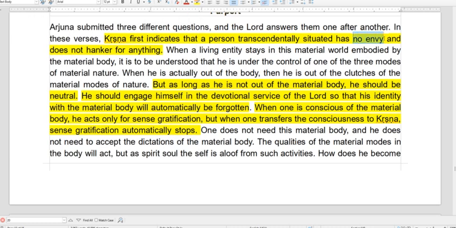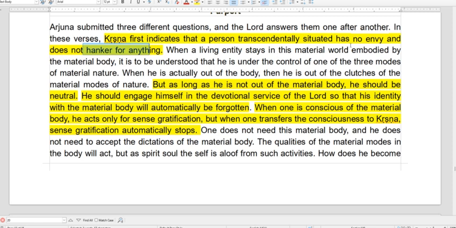someone who is above envy, and he does not hanker for anything. Hanker means to go after something. Anything that is material, he is not hankering so much, or he is not at all hankering. Such a person is above the three modes.